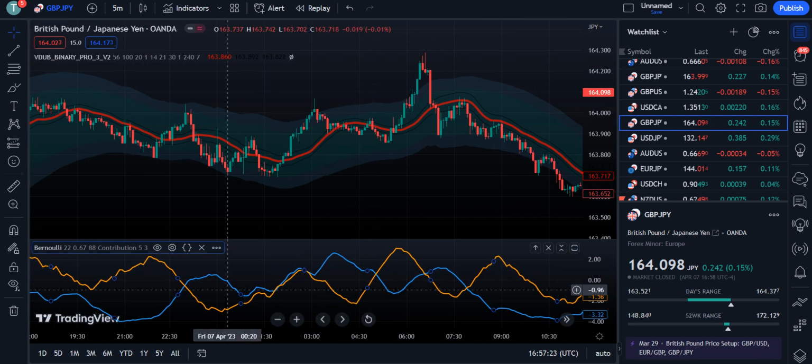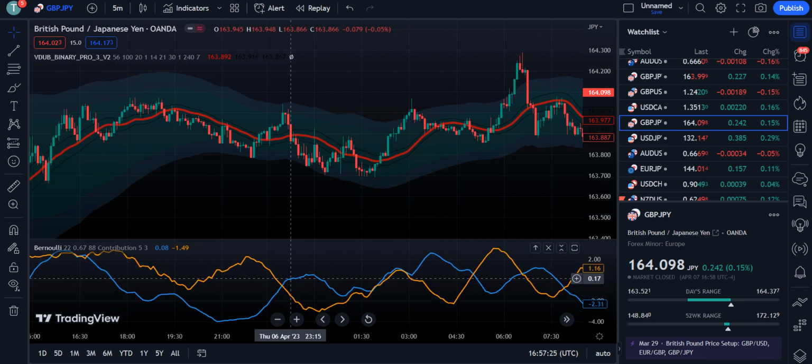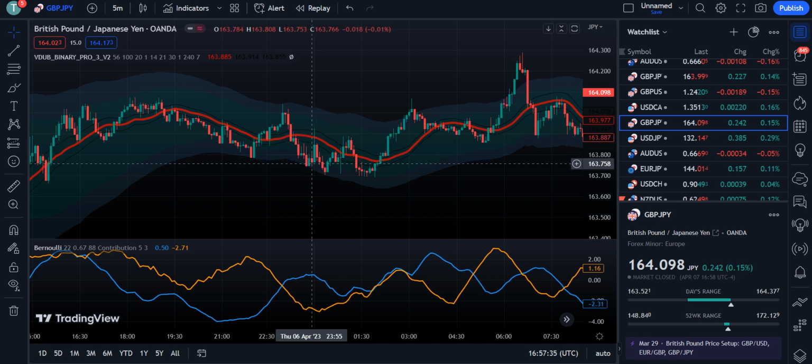Okay, let's find some other example. For example, here, if this blue color line has gone above this, it means we are going in the downtrend, and then we have to see that our market has to move below this red color line of the Bollinger Band, so we take the entry into the market for the bearish signal.